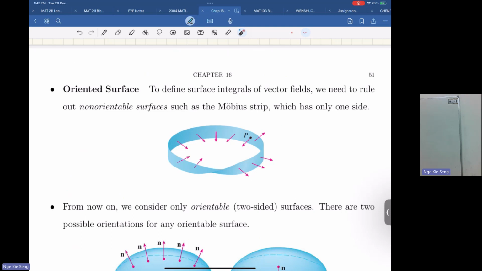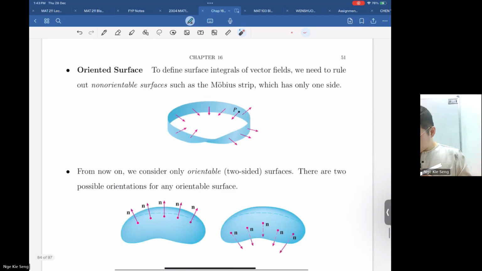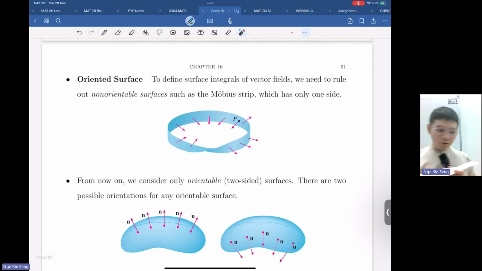So we need to introduce orientation compatibly. What do we mean by that? Let's consider this Mobius band. What is a Mobius band?